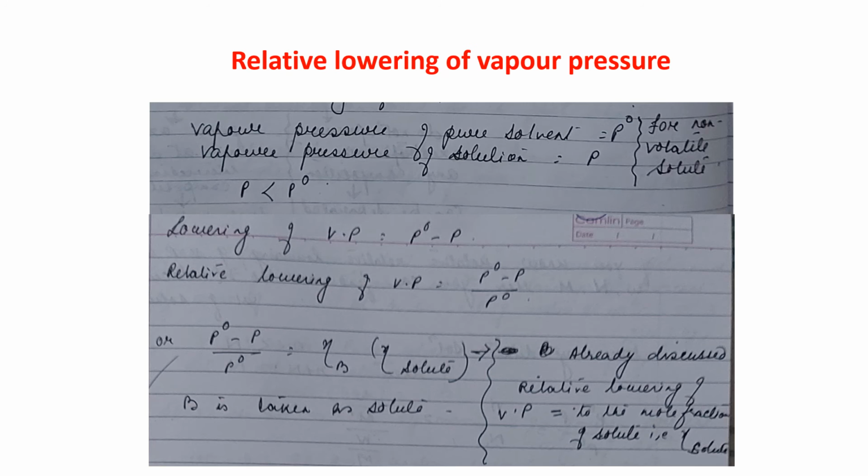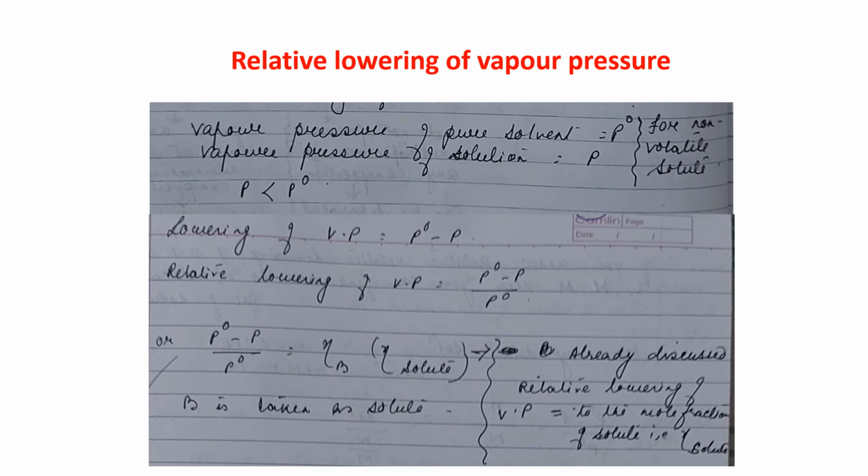Now we have come to the first colligative property, that is relative lowering of vapor pressure. We have already seen that the vapor pressure of a volatile solvent gets lowered when a non-volatile solute is dissolved in it. Let us see what expression we get when finding the relative lowering of vapor pressure.